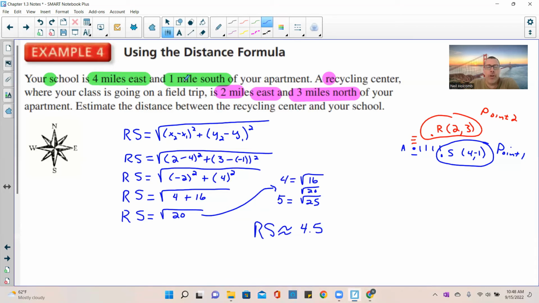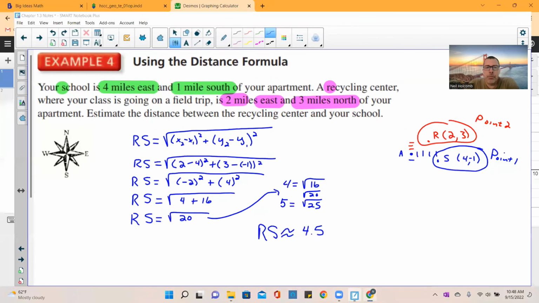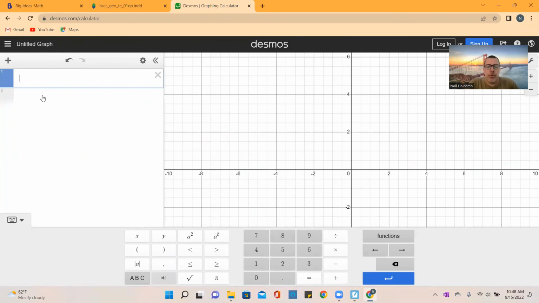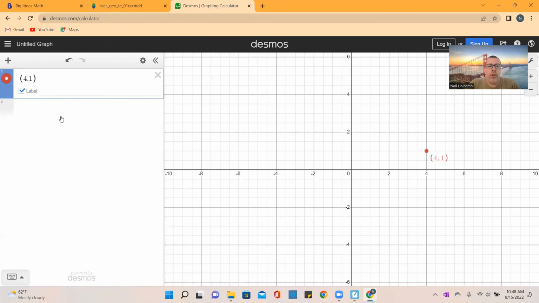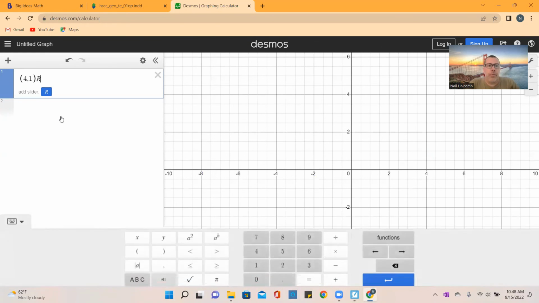So we have a point 4, 1. I go to Desmos and put in the point 4, 1, over 4 up 1, which was the recycle center, I believe.